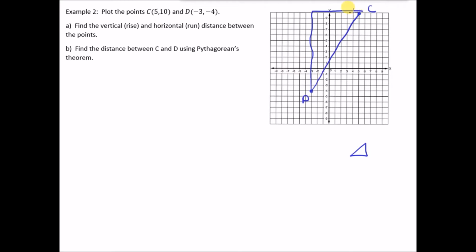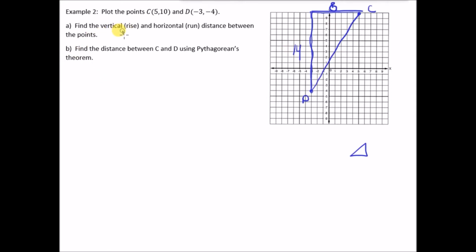Let's go ahead and calculate. We start at C, 1, 2, 3, 4, 5, 6, 7, 8. I get 8 for the run, and 1, 2, 3, 4, 5, 6, 7, 8, 9, 10, 11, 12, 13, 14. I get 14 for the rise.